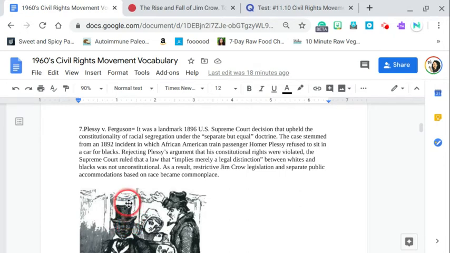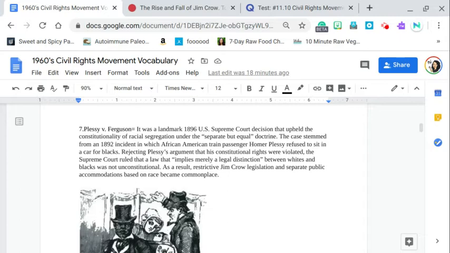Rejecting Plessy's argument that his constitutional rights were violated, the Supreme Court ruled that the law that implies merely a legal distinction between whites and blacks was not unconstitutional. So as a result, Jim Crow laws came about.